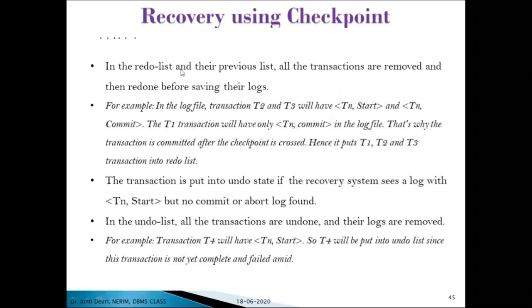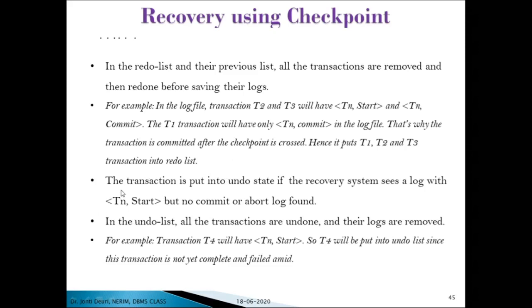Here the redo list and the previous list, all the transactions are removed and redone before saving their logs. Take one example. In our log files, transactions T2 and T3 have start and commit. Then transaction T1 has the commit in this log file. That is why the transaction is committed after the checkpoint is crossed. Hence T1, T2 and T3 are put into the redo list.